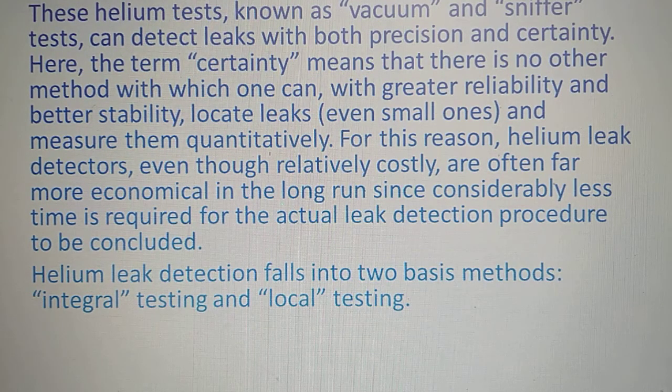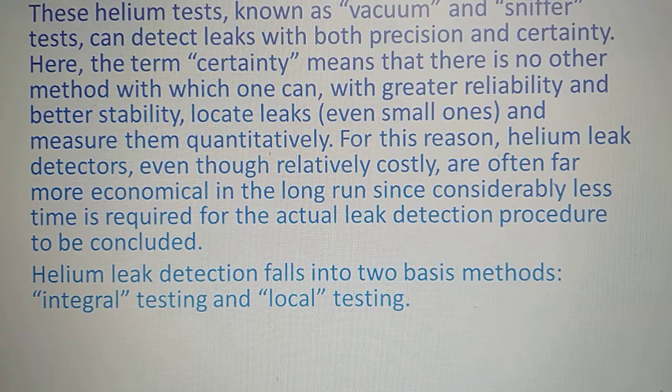So these helium tests are known as vacuum and sniffer, the two names given to these tests depending upon a little bit of difference between the two. They can detect leaks with both precision and certainty. Here the term certainty means that there is no other method with which one can locate leaks with greater reliability and better stability.